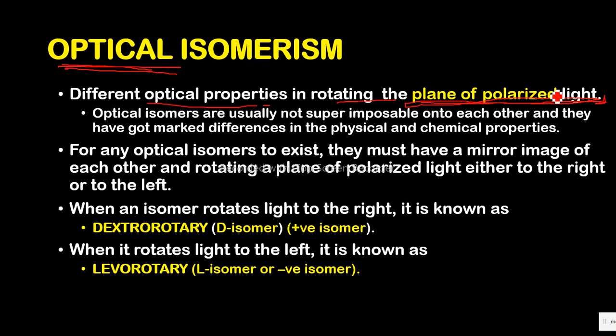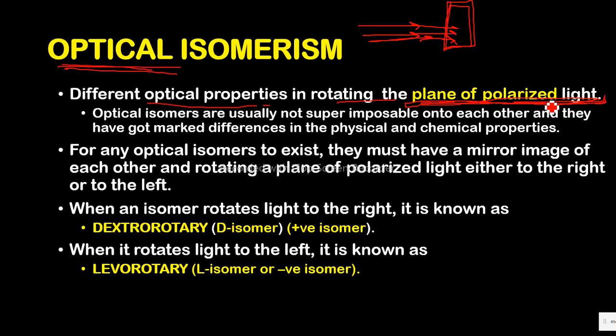If you have a beam of light and you pass that beam into a glass prism, the glass prism is going to polarize this beam of light, and the light that passes through is the one that we refer to as plane polarized light.